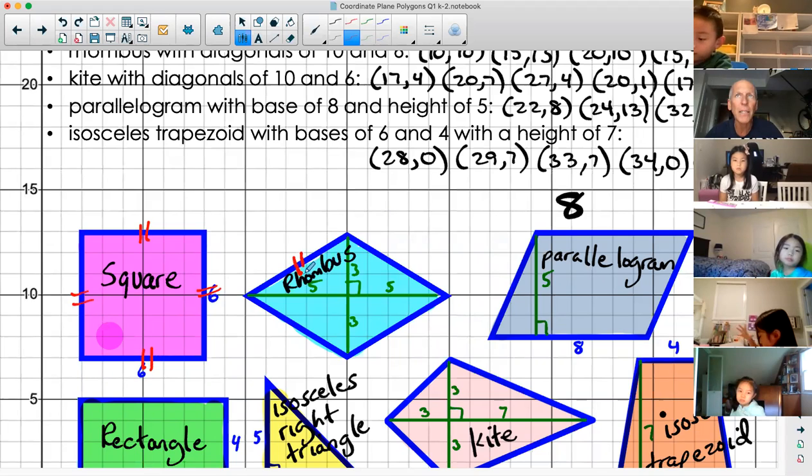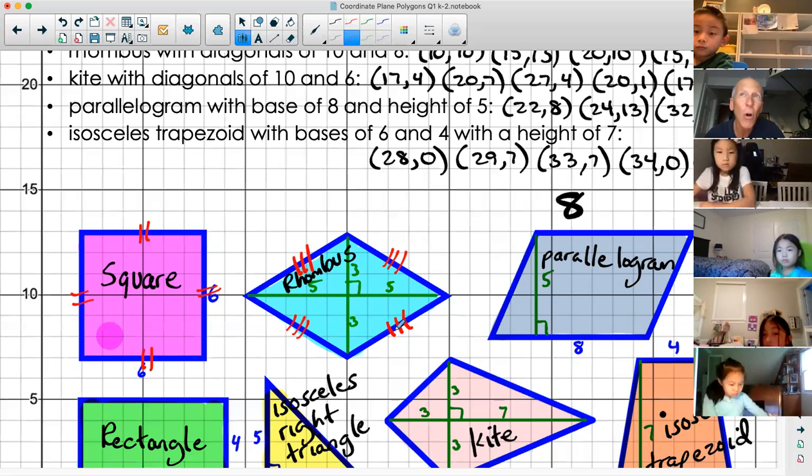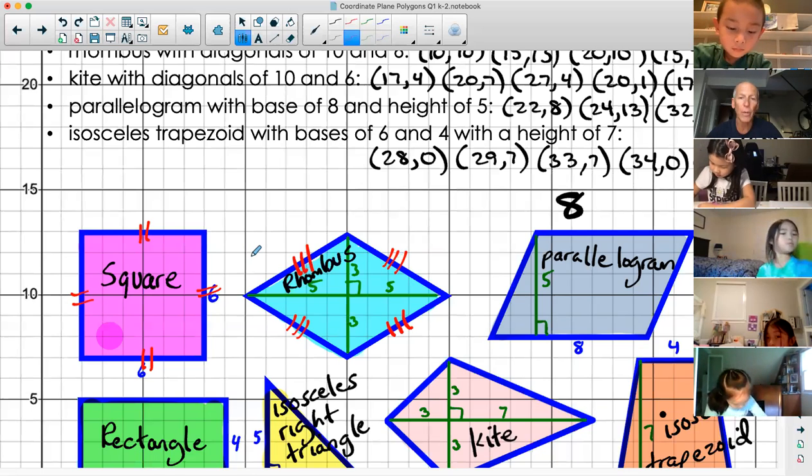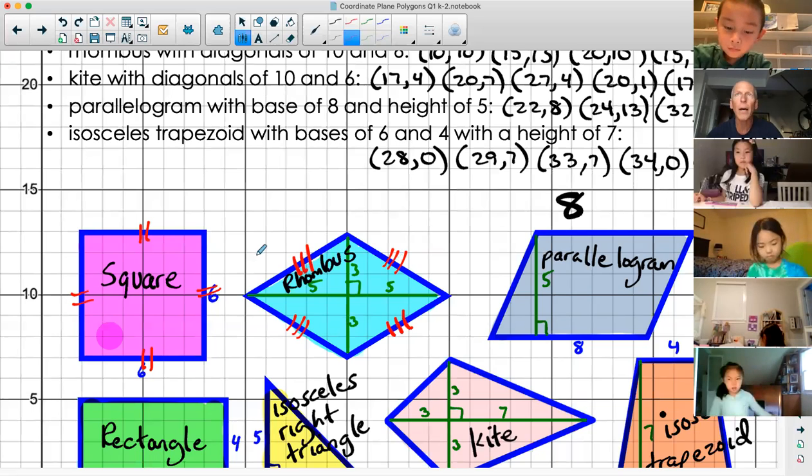In a rhombus, all the sides, and you guys can do this, make 3 little tick marks on each side of the rhombus, and that shows that each side is the same. So why don't you guys do that? Larry, you're doing that, right? Annalise is doing it. Valerie, Stella.